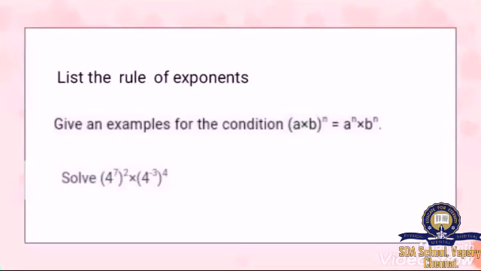Now can anyone solve this: 4 raised to the power 7 whole to the power 2 into 4 raised to the power minus 3 whole raised to the power 4? According to that law, it is in the power law. So now we multiply these powers. So 7 into 2 is 14 and minus 3 into 4 is minus 12.